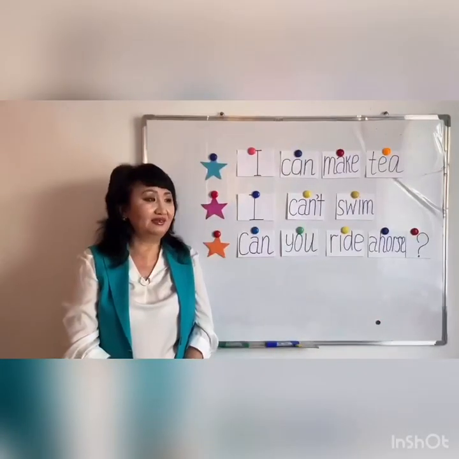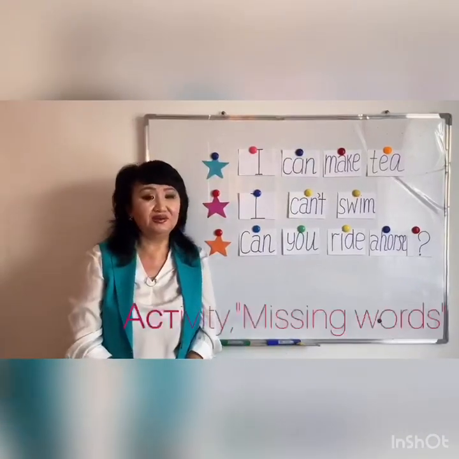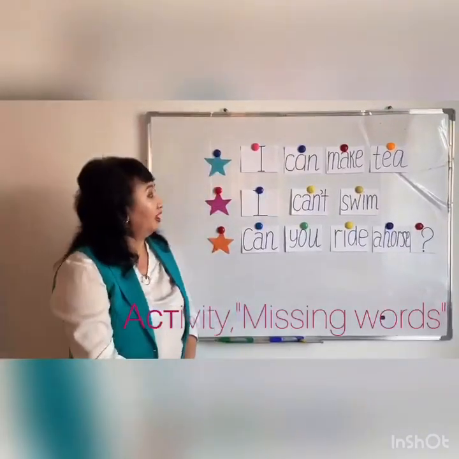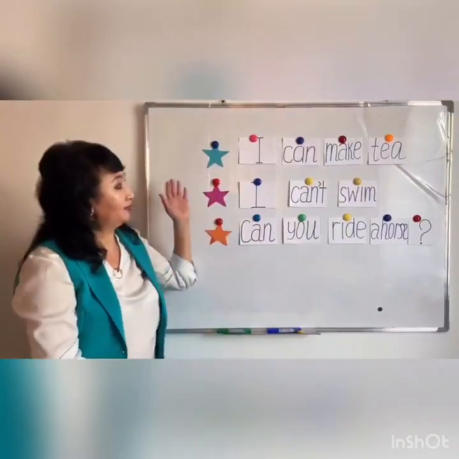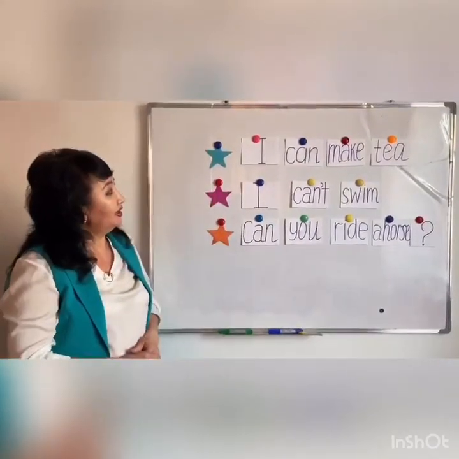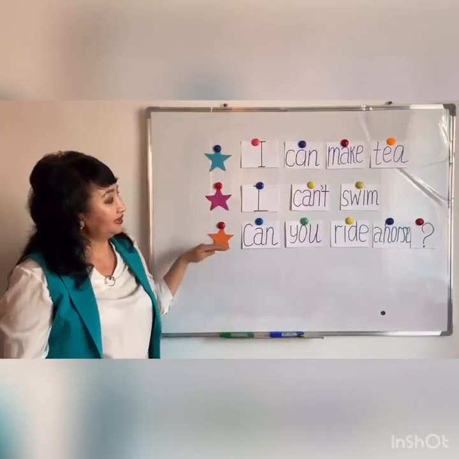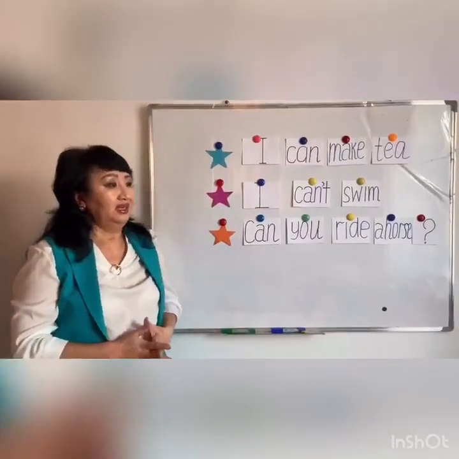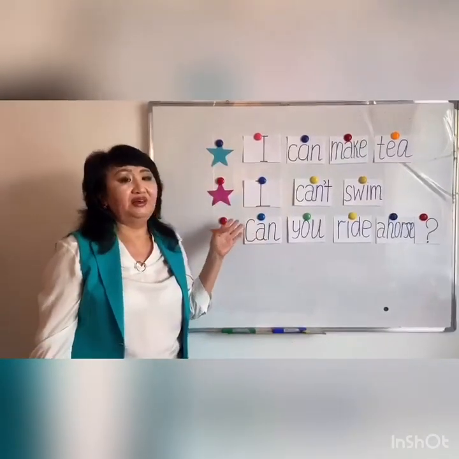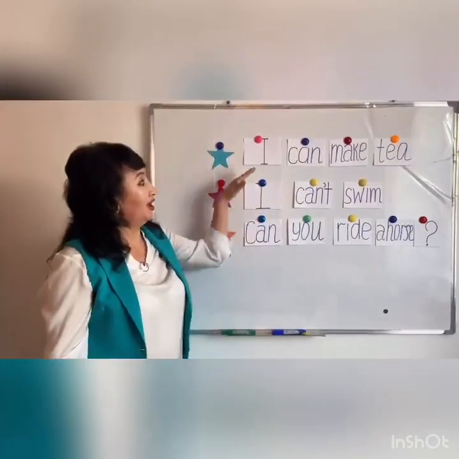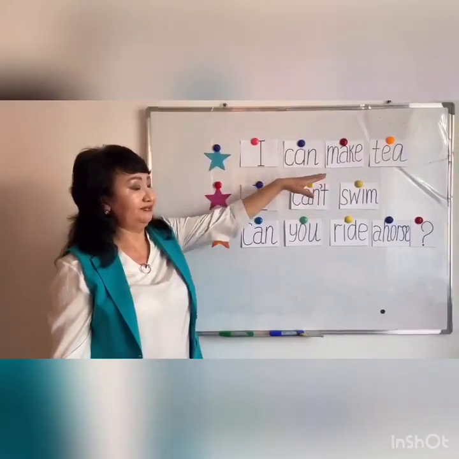The next activity is called missing words. For example, there you can see the grammar box again, with affirmative, negative and interrogative sentences. You get children to read the sentences aloud. For example, I can make tea.